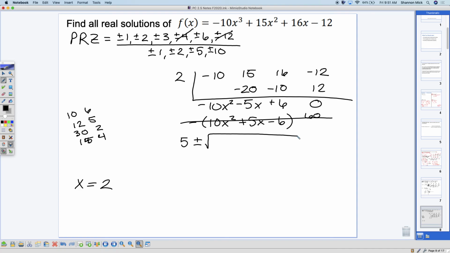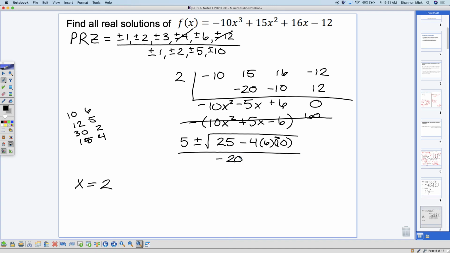Okay, so 5 plus or minus 25, because that's 5 squared, right? Yeah. Minus 4 times 6 times 10, all over negative 20. Oh, negative 10. It's negative 10. Yeah, all over negative 20.